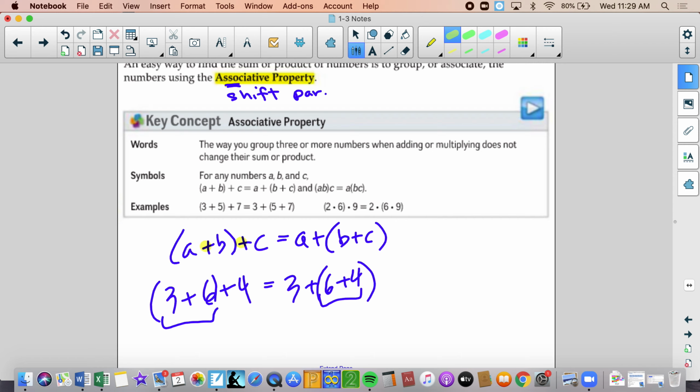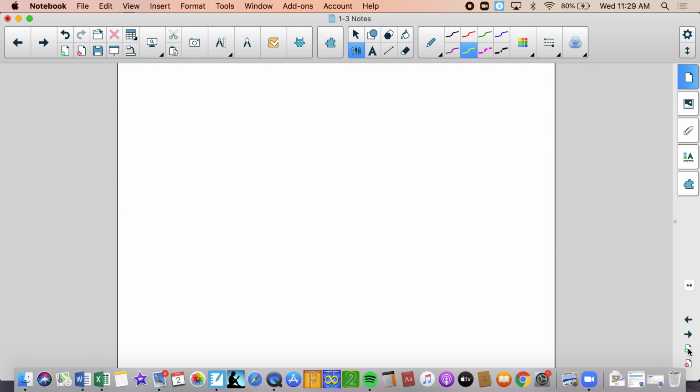And then you see that we have the associative property of multiplication. So we would shift as long as all of these are multiplication. If I have a problem like 6.2 times 5 times 2, let's even put parentheses in there.